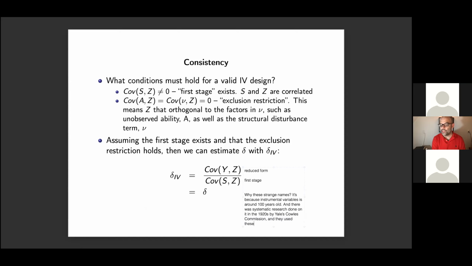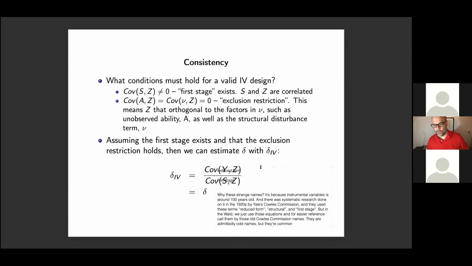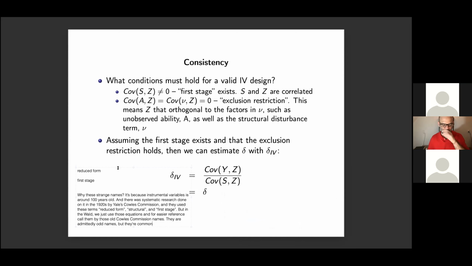They used these terms: reduced form, structural, and first stage. We just use those equations and, for easier reference, call them by those old Cowles Commission names. They are admittedly odd names, but they're very common.